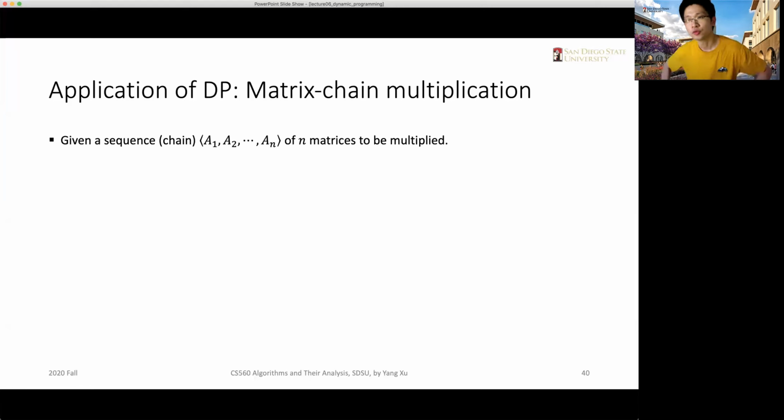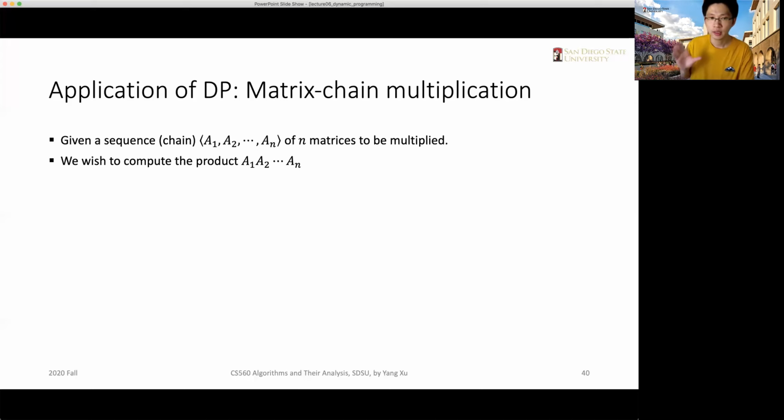Okay, so let's look at the problem. It's actually a straightforward problem. Given a sequence or a chain of matrices, we want to multiply them together. We want to compute the product A1 times A2 times up to An.